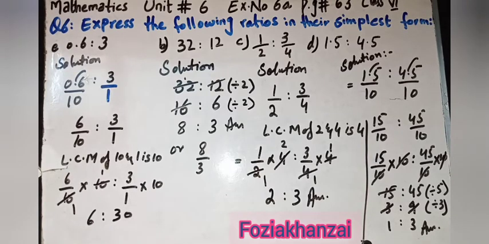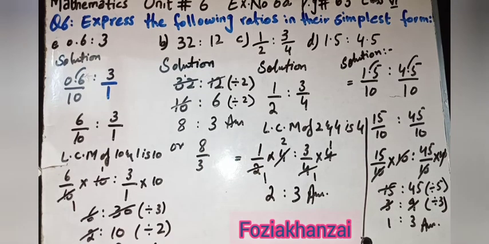Then after reducing, now 6 is to 30, reduce by 3. 3 twos are 6, 3 tens are 30. Now reduce by 2, 2 ones are 2, 2 fives are 10. Now 1 is to 5 would be the answer of the last part E. Okay.